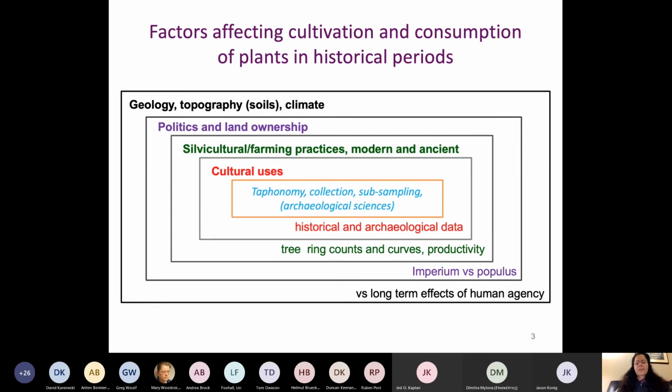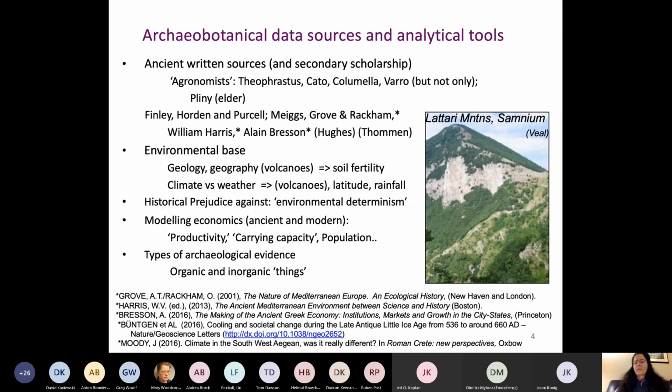I'm going to be drilling down to mostly the lowest level of how we think about archaeobotany, particularly in the historical period. We're quite interested in the ancient written sources and the agronomists. People would be familiar with Theophrastus, Cato, Columella, Varro, but there are others, obviously, and incidental mentions.